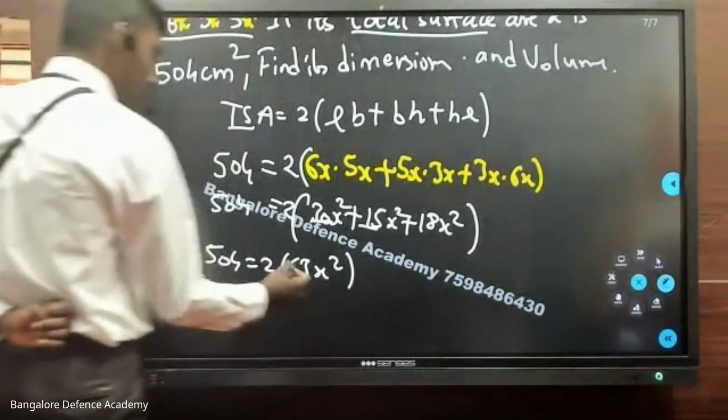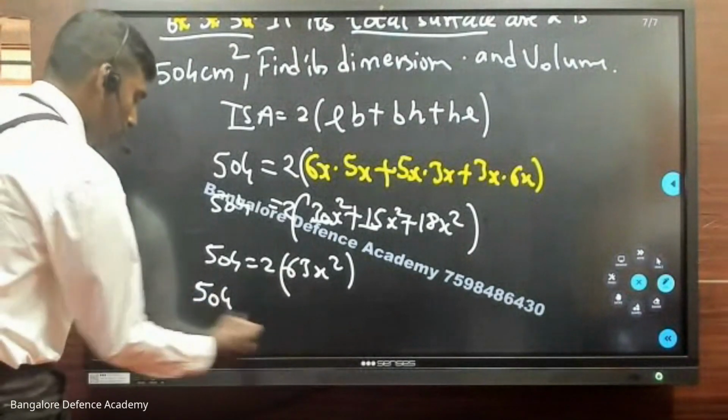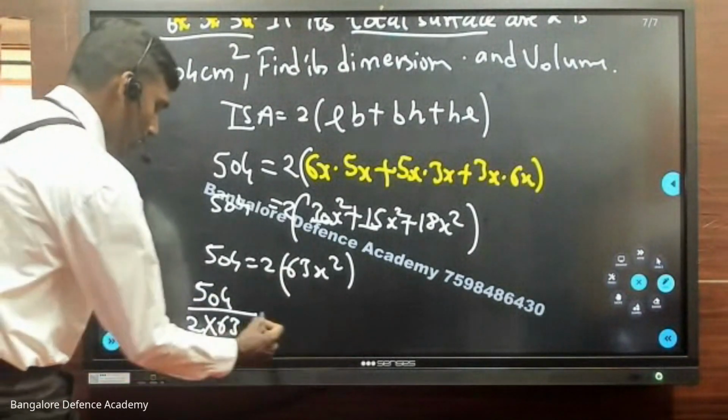So 63x square. Now 504 divided by 2 into 63 is equal to x square.